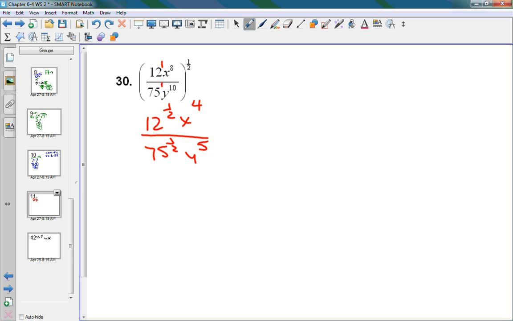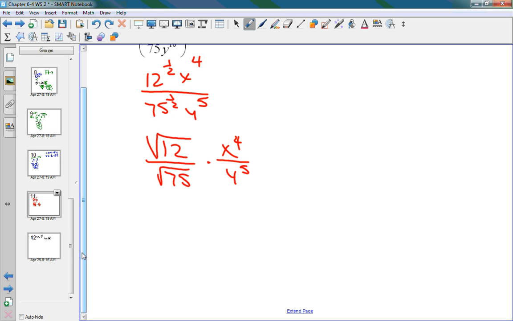Now, the 1/2 power would indicate what? The square root of 12 over the square root of 75 times x to the 4th over y to the 5th. Factors of 12 that are perfect squares: 4 and 3. Square root of 4 times the square root of 3.